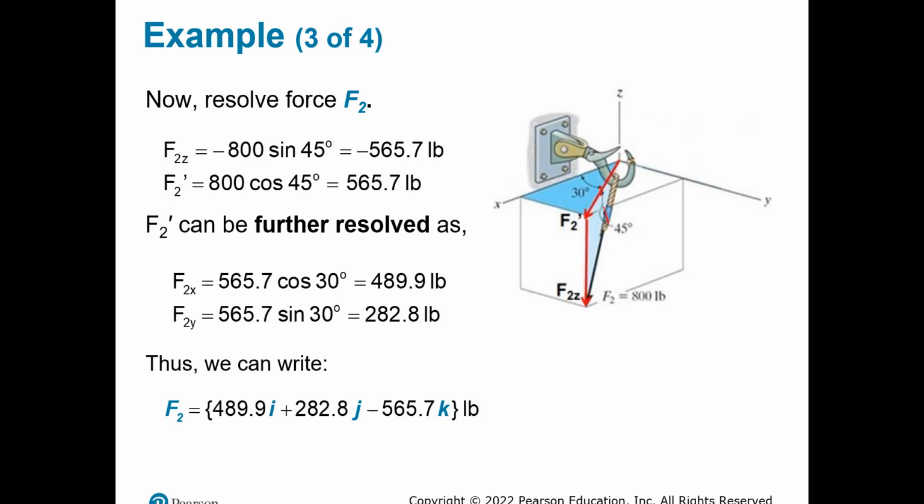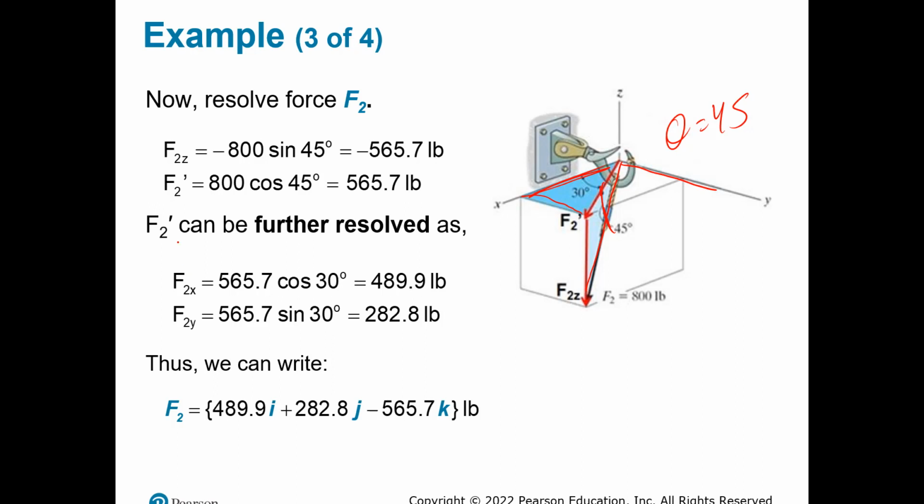And that triangle has an angle equal to 45. So that's why F2 prime will be equal to 800 cosine of 45. The triangle is formed right here, and you're looking for this component. After that, you have to decompose this particular vector into its component along x and its component along y, and that's why you have F2x and F2y.